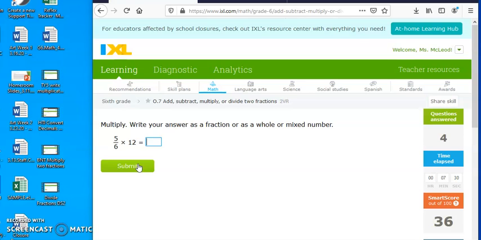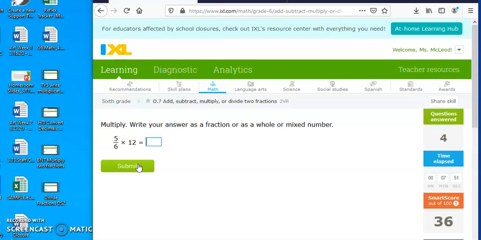So your numerator is 12, your denominator is 1. So I'm going to turn 5 over 6 times 12 into 5 over 6 times 12 over 1, and then I'm going to multiply straight across.